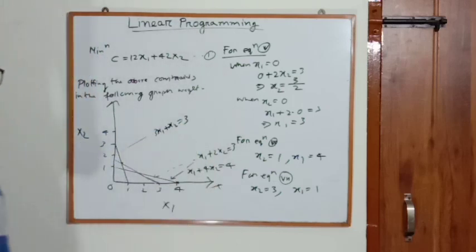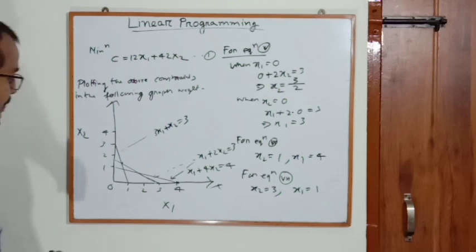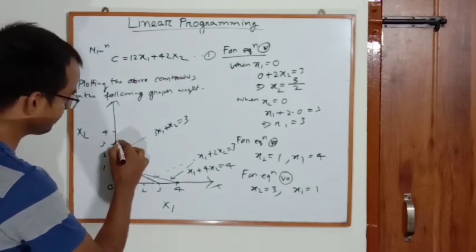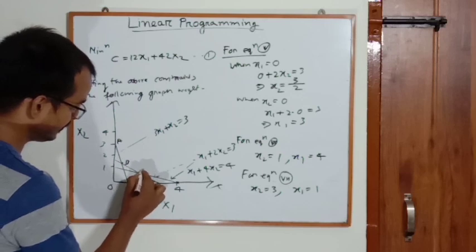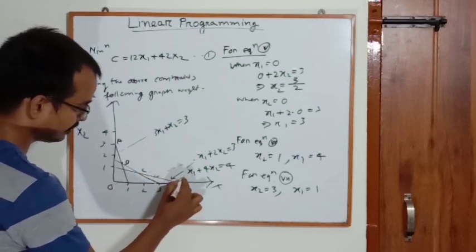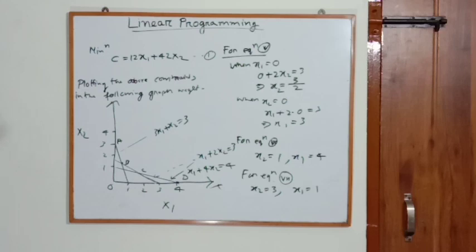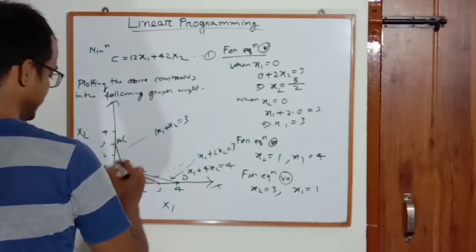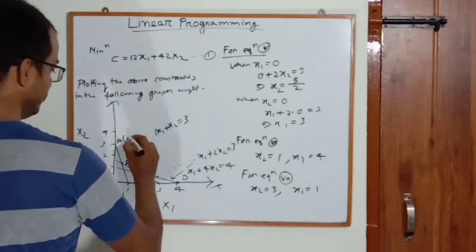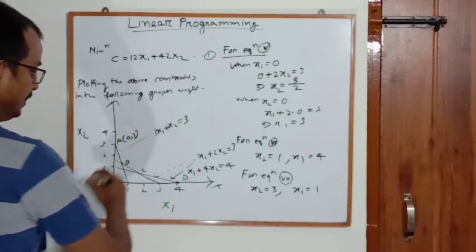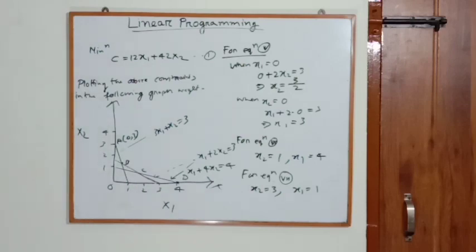You can name these corner solutions A, B, C, and this one D. So in A, the value of x1 is 0 and x2 is 3.